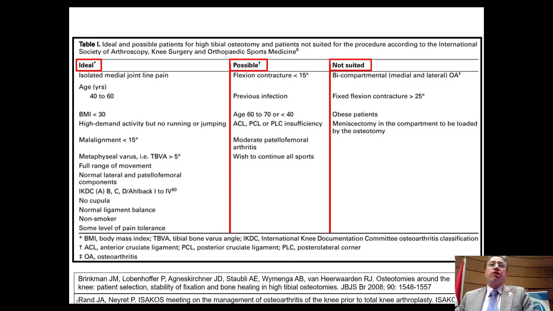The possible indications, which means it is not a complete contraindication, are a flexion contracture less than 15 to 20 degrees; age is not really a limitation; a deficit of the ACL, PCL, and the PLC, where we can do the tibial osteotomy; moderate patellofemoral osteoarthritis; and patients who wish to continue sports practice.